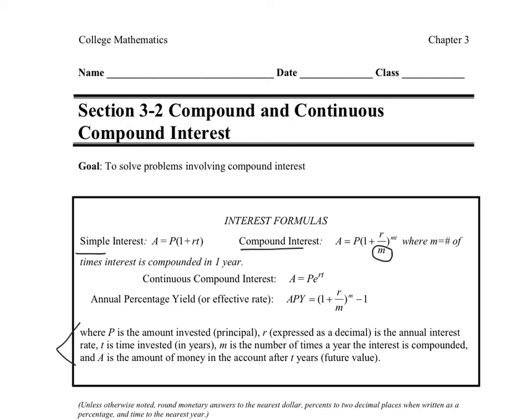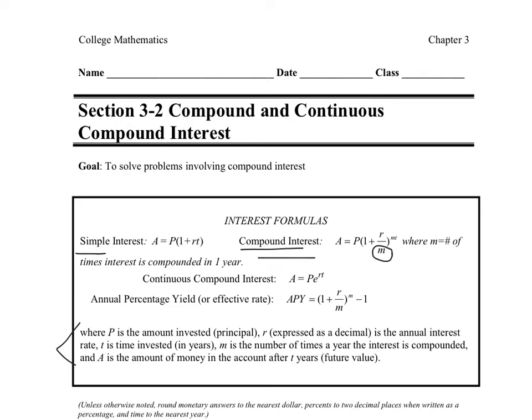So as long as the period of time where interest is being compounded is countable, if it's discrete, in other words, I can tell how many times in a year it happens, this will be the formula that I use, the one for compound interest.